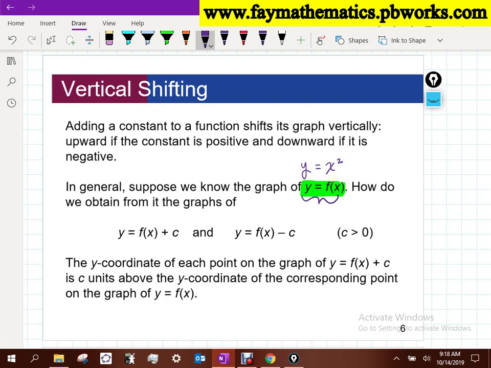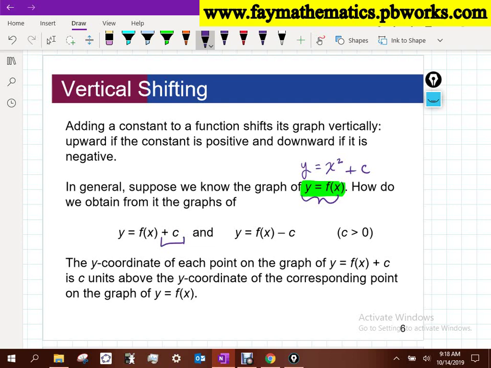Well, if that's going to generate my y values, when I add something to it, doesn't that just increase my y values by that amount? So if I said that y equals x squared plus some c, and I chose x to be 2, you got back 4. That plus c means you add that c amount to the 4.